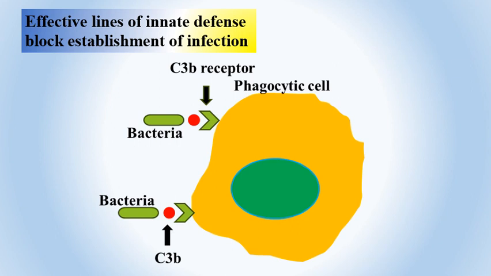So if innate defenses are overwhelmed, the second line of defense is mobilized to ensure host survival. By the second line, I mean the adaptive immune responses.